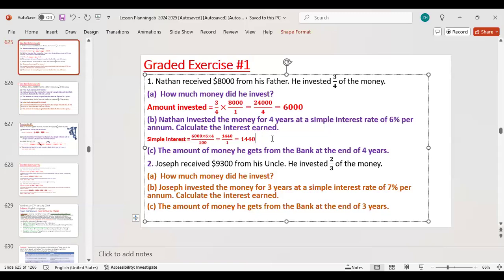Excellent. Did anyone else get 1,440? Excellent. So the example that you wrote here, we can leave it just like that, we don't have to break it up into smaller pieces. This one I did quickly because I didn't want to continue long, but you just have to show that you multiply.